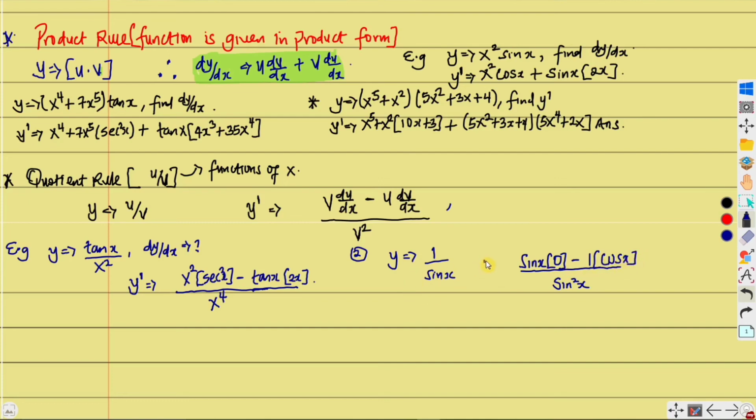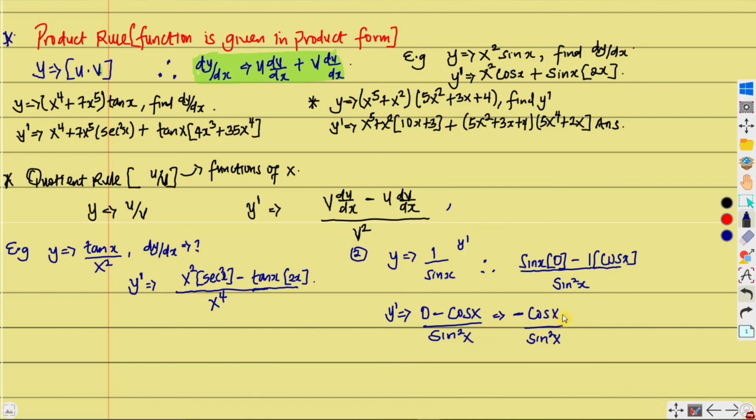Completing this, the question asks for y prime, and y prime is nothing but 0 times anything, which is 0, minus 1 times cos x, which is cos x, everything divided by sine squared x. Lastly, 0 minus cos x is negative cos x divided by sine squared x. If you stop here, in a theoretical question you are not correct.